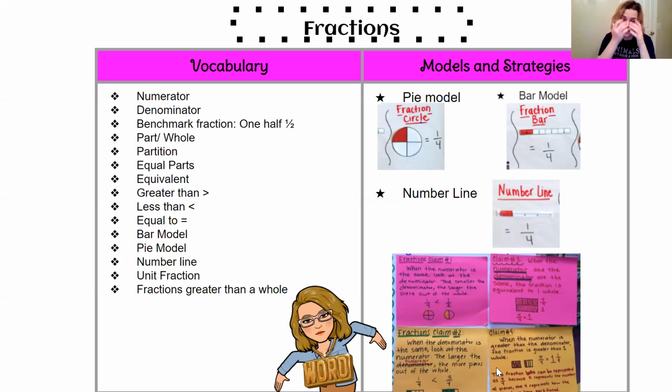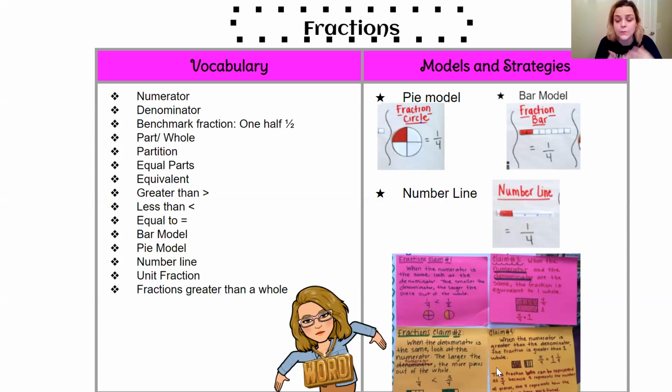For instance, if I had a chocolate bar and I said, I'm going to have 1/4 of it and you're going to have 3/4 of it, you're obviously getting more out of that chocolate bar because you're getting 3 pieces out of the 4 pieces, whereas I'd be getting only 1 piece out of the 4.